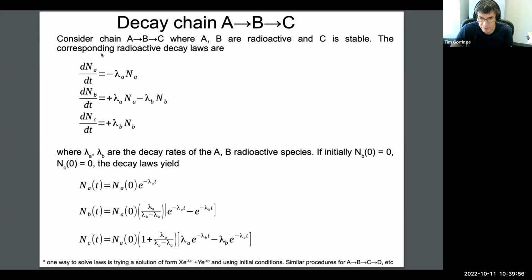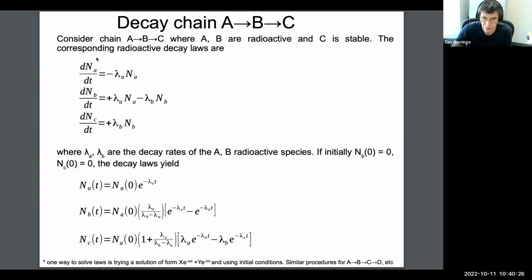So the differential decay laws describing this decay chain, I've written upstairs here on the left-hand side of this slide. And then the integral version of the decay laws describing this decay chain, I've written downstairs here on the left-hand side of the slide. Let's start with the differential equations, and then we'll move on to the integral equations.